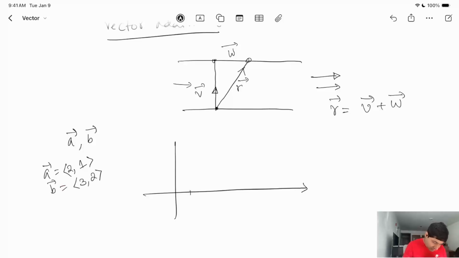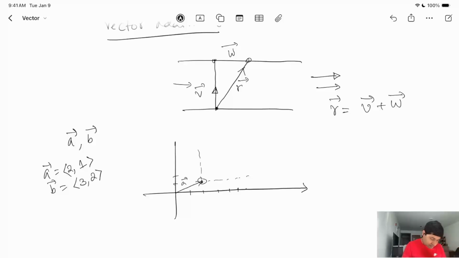So this is our 2 comma 1, this is a vector. When you apply another vector on top of the first one, the basic fundamental thing is that where the first vector ends, you start the second vector. You can think of your imaginary reference point, the origin, here, and you are starting B from there.